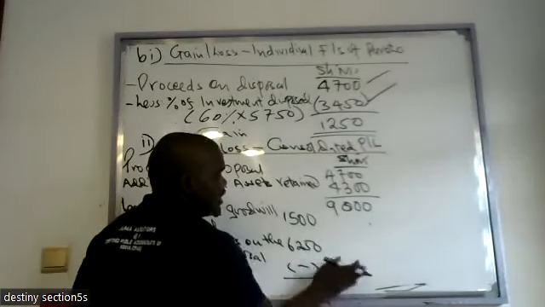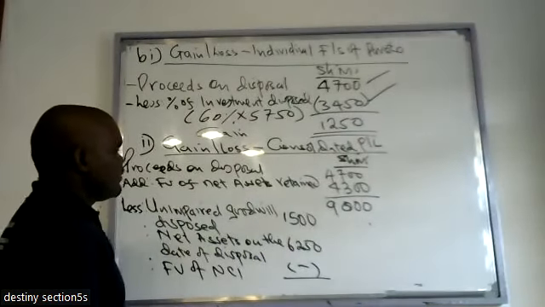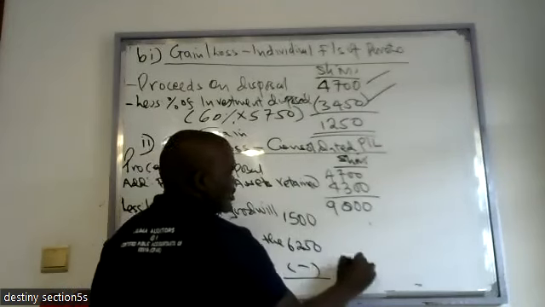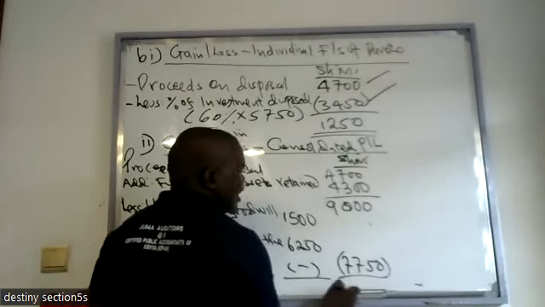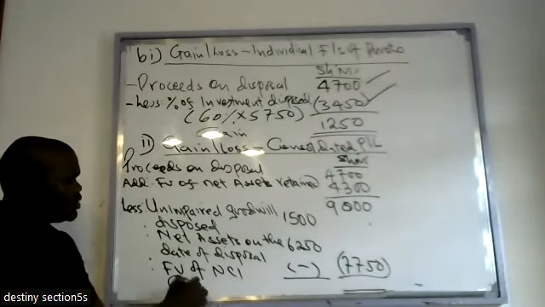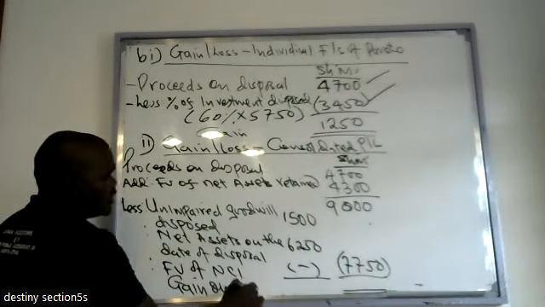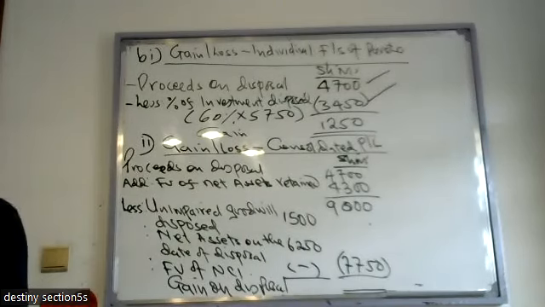So whatever you get here, bring it. That is going to be 7750. So how much is the gain on disposal?